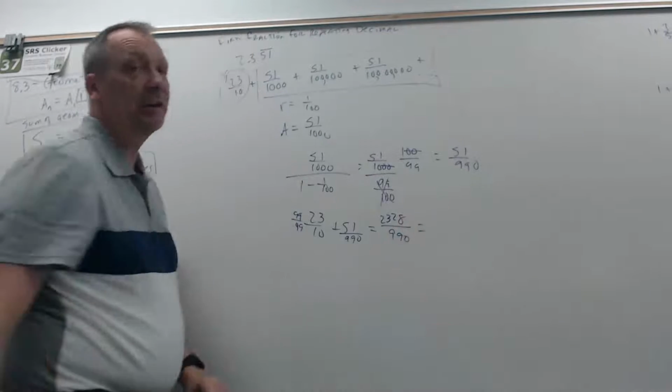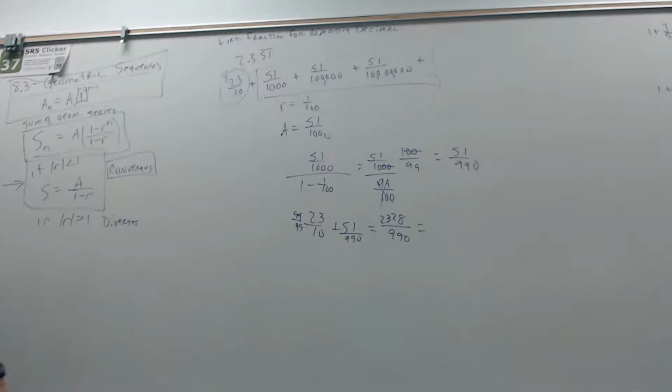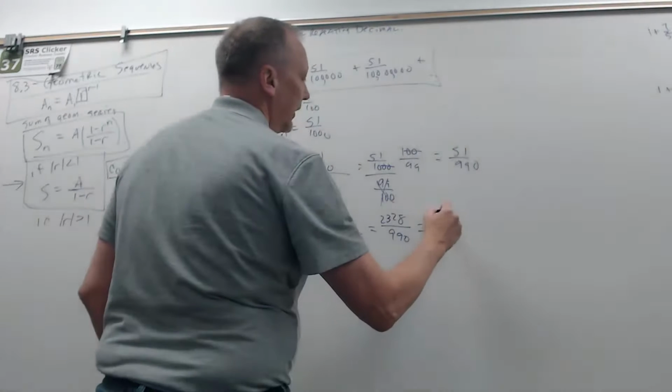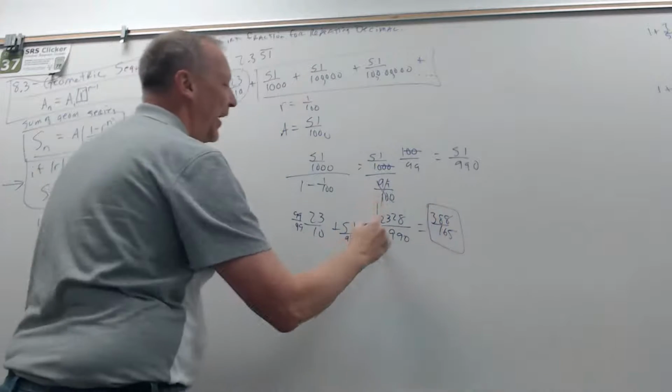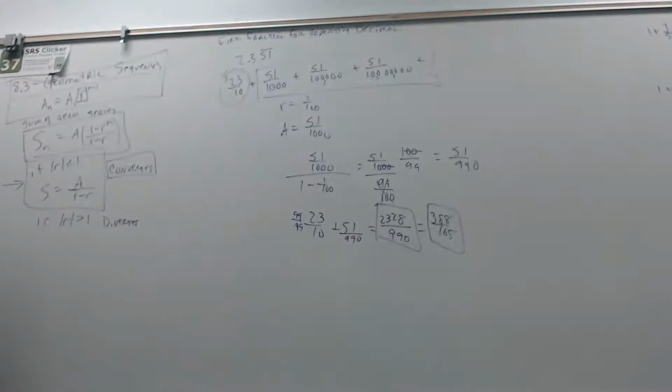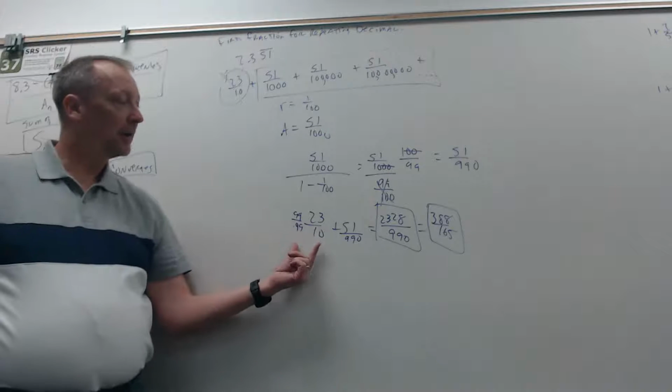And of course, everybody knows that simplifies to 388 over 165. Why did you multiply 23 over 10 by 99? Because I was trying to get a common denominator here.